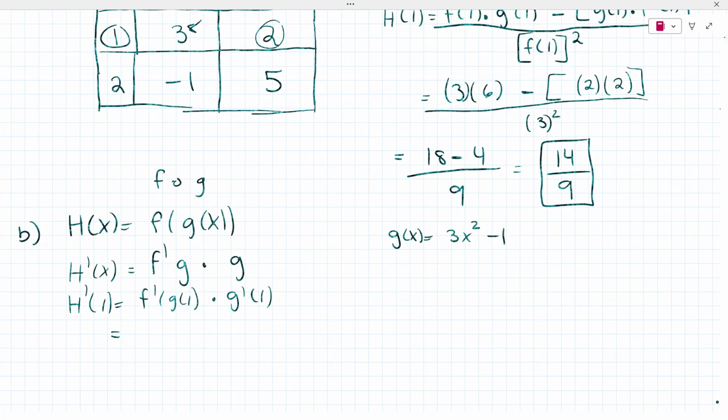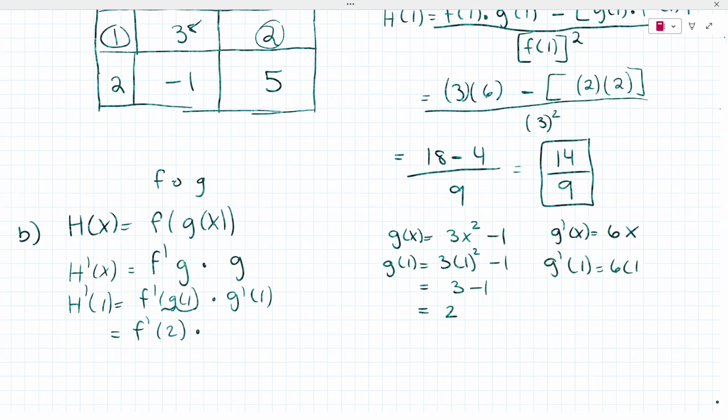So g of 1 would be, okay, this is easy. 1 squared is 1 times 3, that's 3 minus 1, just 2. And then it's going to be f prime, and we replace g of 1 with 2, times g prime of 1. So let's find g prime. This would be 6x, and then g prime of 1 is 6 times 1, which is 6.